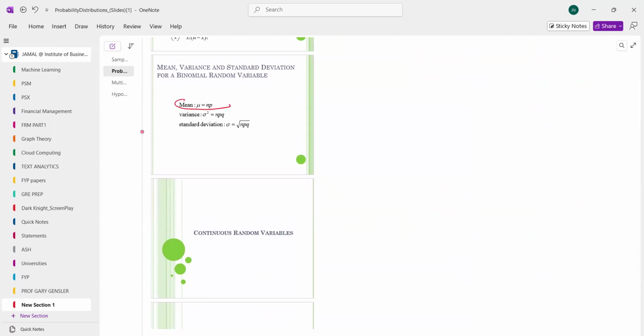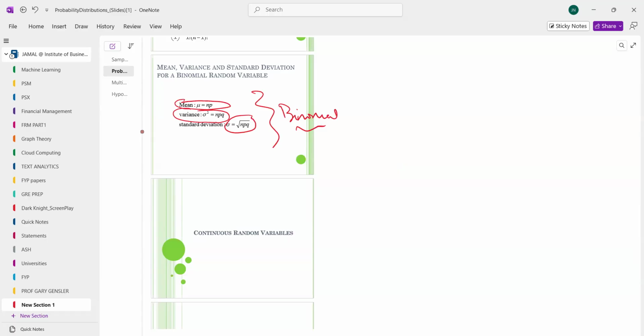Just remember this for the binomial: the mean is equal to np. The variance is npq, and the standard deviation is always the square root of the variance. This is just true for the binomial, by the way. For any distribution in this course, or maybe in any other course, the mean and the variance are determined by their own parameters.